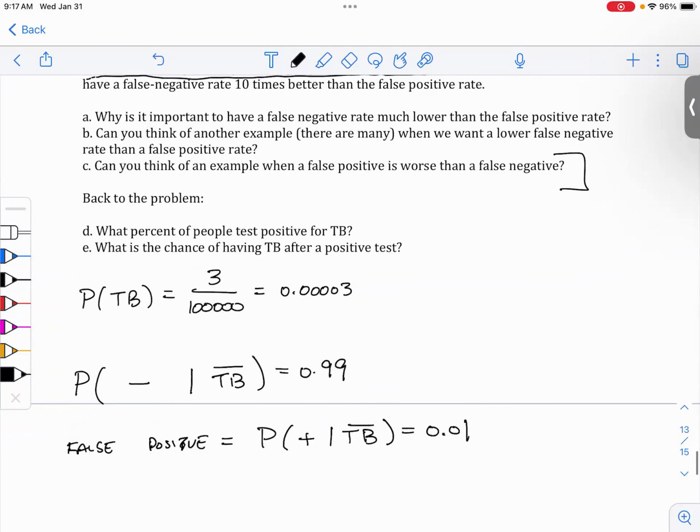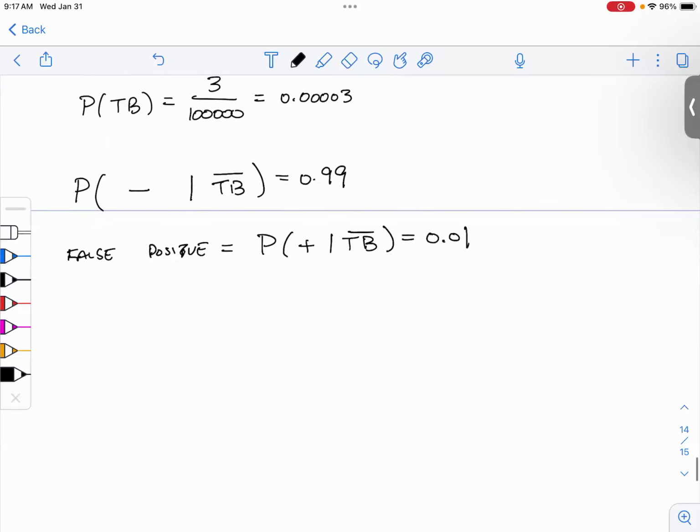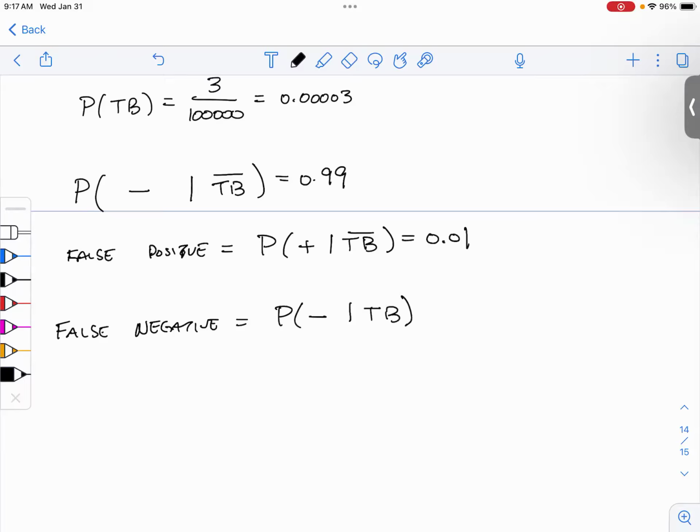So this one also tells us, and they say this often as well, the test claims to have a false negative rate 10 times better than the false positive rate. Okay, so we identified the false positive. So the false negative, which is the probability of a negative result given I do have TB, is 10 times better than the false positive rate.